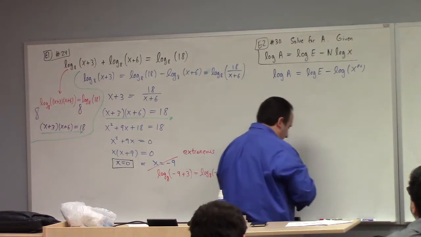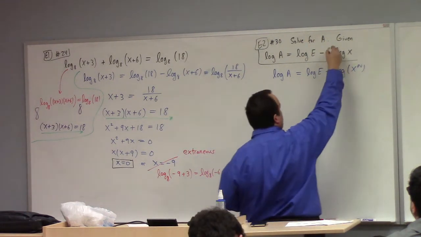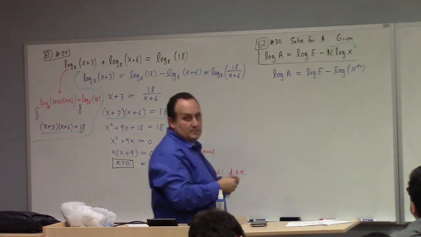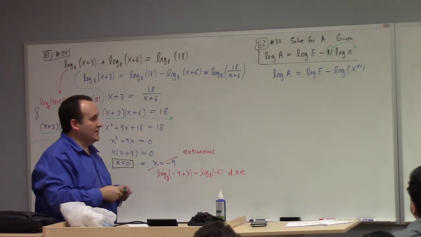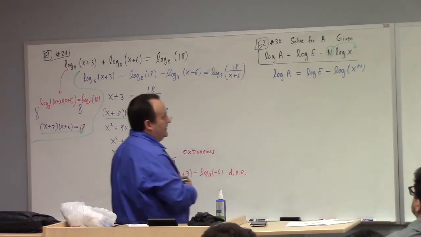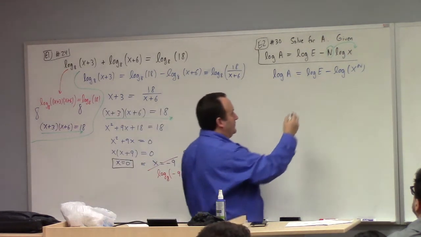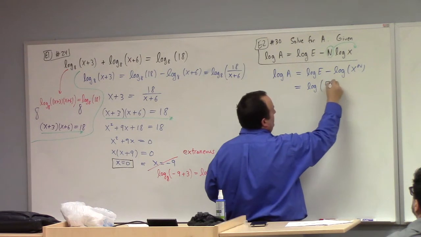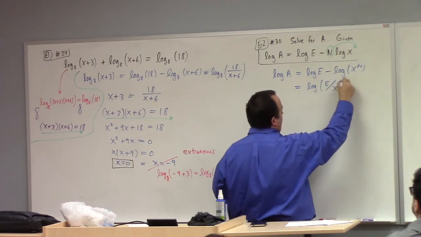Because remember, one of the properties of logs is that we can pull multiplication outside to a power inside, right? That's log law number 2, as I numbered them most recently. And then we use log law number 3 to get log of E divided by x to the n, right?